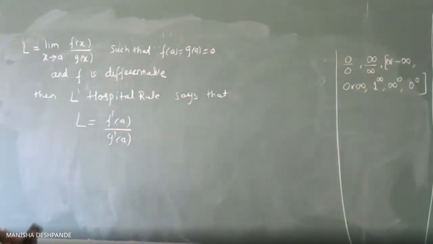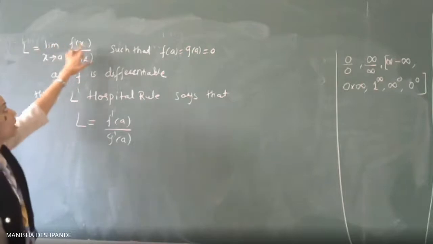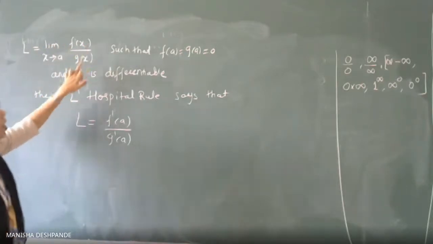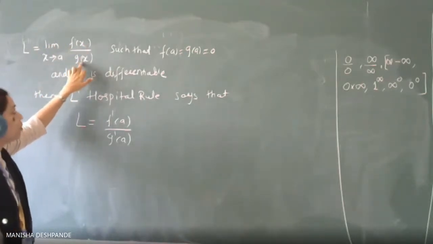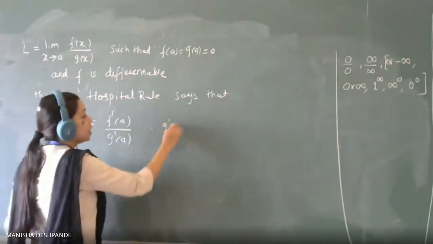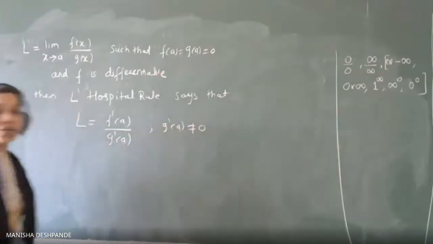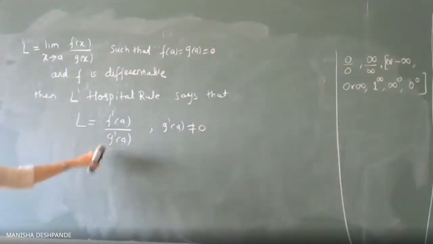Means the same limit will be obtained by differentiating the numerator upon the derivative of the denominator at the point a, such that g dash of a is non-zero. Obviously, if g dash of a were 0, then it is undefined.